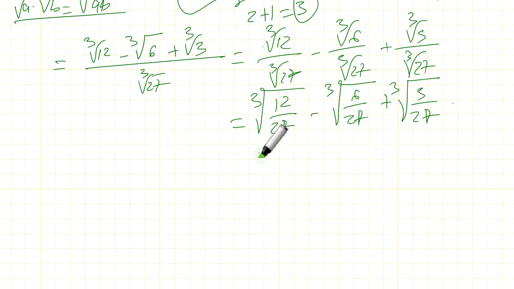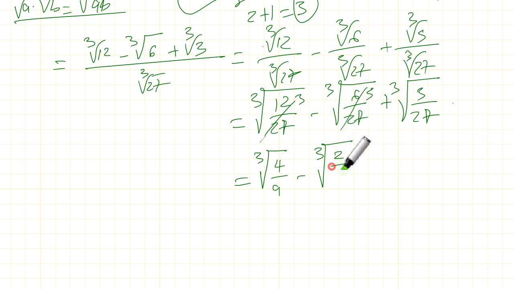Okay, so from here guys, let's simplify by 3. We're gonna have cubic root of 4 divided by 9 minus cubic root of, dividing by 3 here, we're gonna have 2 divided by 9, and then plus cubic root, this one divided by 3 is gonna be 1 over 9, right?